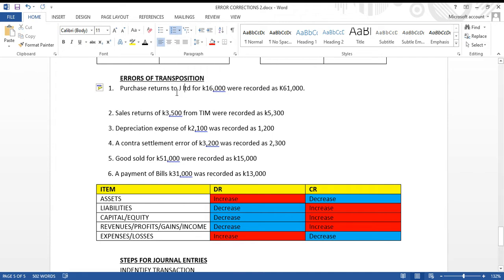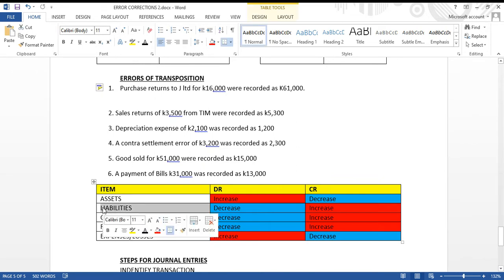And remember, a payable is a liability. So a decrease in a liability, you debit. Because we're returning goods to someone who we are owing money. So the money which we are owing them is going to reduce since we have returned some goods. That's why our liability is decreasing.